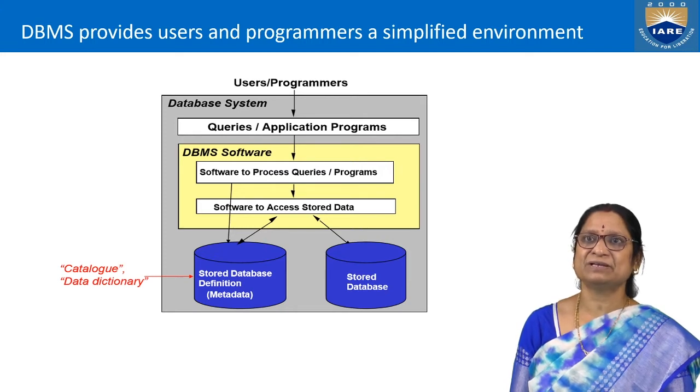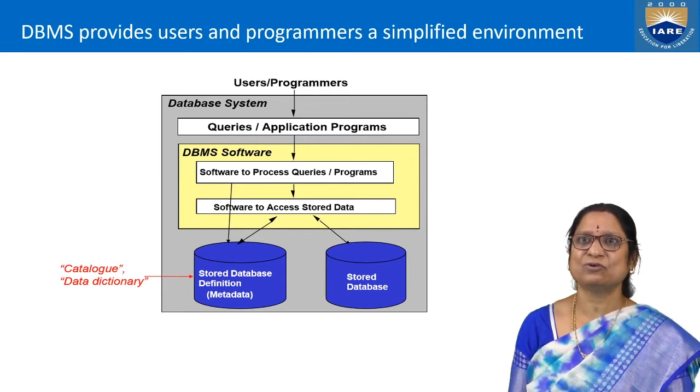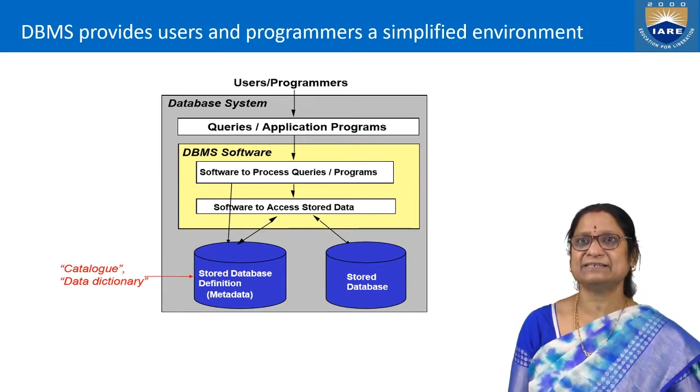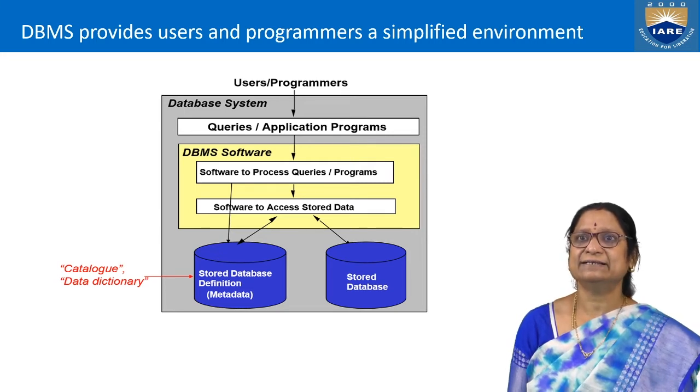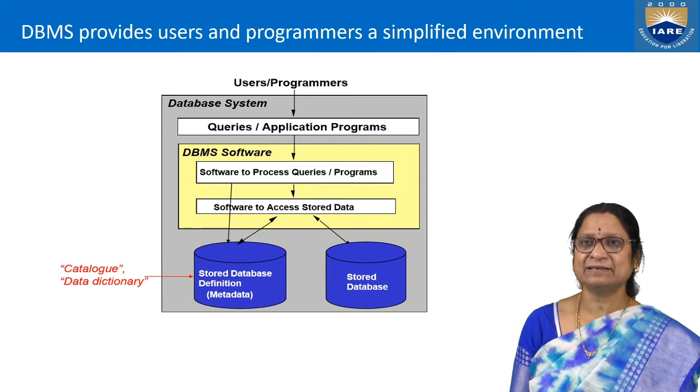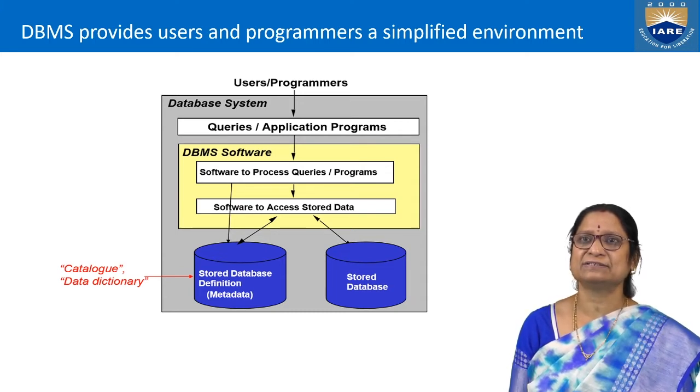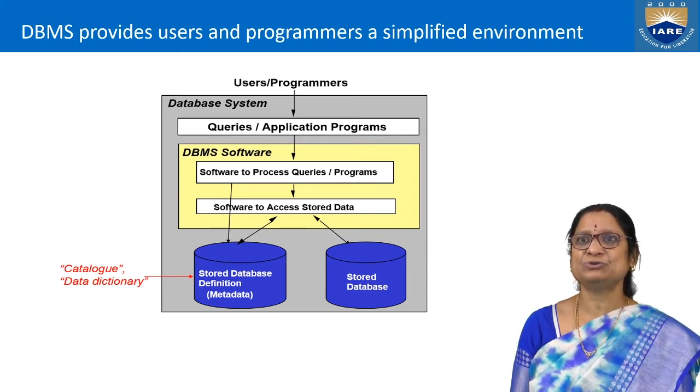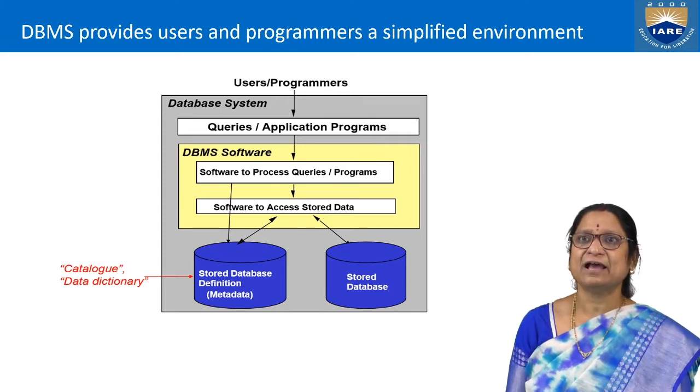This database system consists of application programs and queries, and the yellow part we are seeing is the database software, that is, the DBMS, database management system, which as we defined is a set of programs or software. This software is used to process queries and programs, as well as to access data stored in our database.